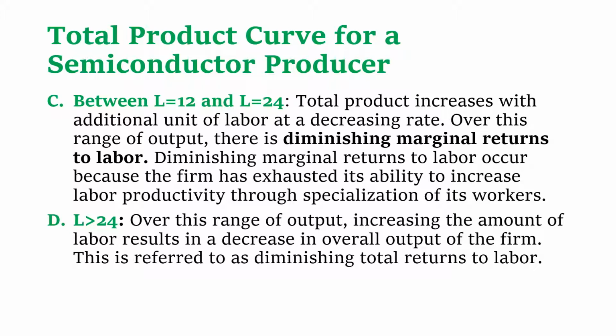The farm is employing more workers, but the output of the farm is decreasing as more workers are being employed. This is referred to as diminishing total returns to labor.